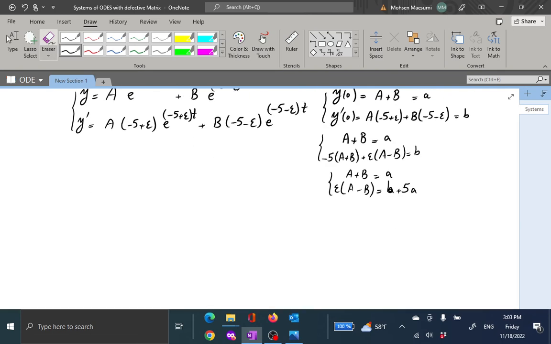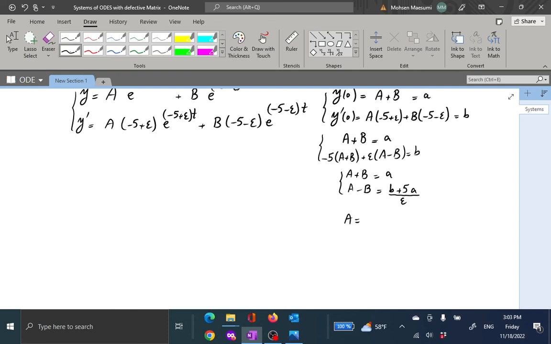Now let me do another thing. I divide by epsilon, so this epsilon moves to the right hand side, and this was b plus 5a. I don't need my parentheses anymore, so let's get rid of the parentheses. So my equation became a lot easier. Well, what is A?